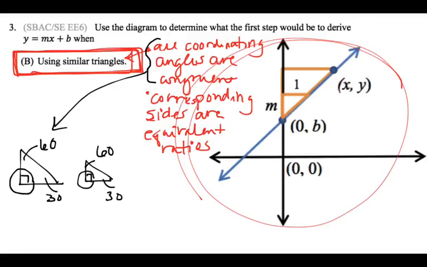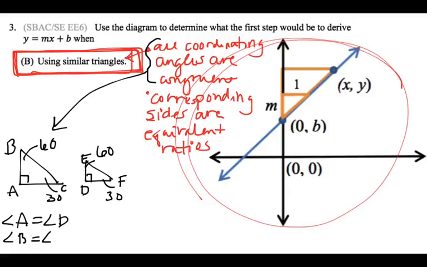So the larger angle, let's say we label these A, B, C, D, E, F. That means that angle A would be equal to angle D. Angle B would be equal to angle E. And angle C would be equal to angle F. Okay, because these coordinate. They're on the same part of the triangle. So that's what we mean by all coordinating angles are congruent.